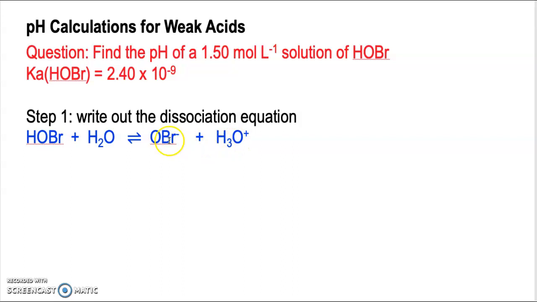Their concentration will be the same as the concentration of the OBr minus in this instance. What we're doing is we're assuming no hydronium comes from the dissociation of water itself, because water does self-ionize. We're assuming that all the hydroniums we're dealing with are the ones from the proton being donated from the HOBr.